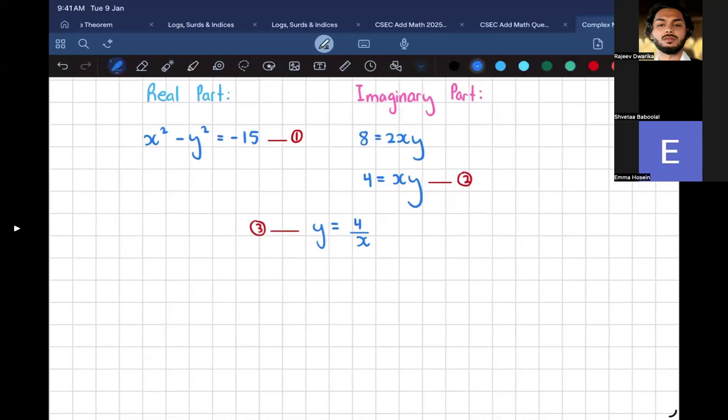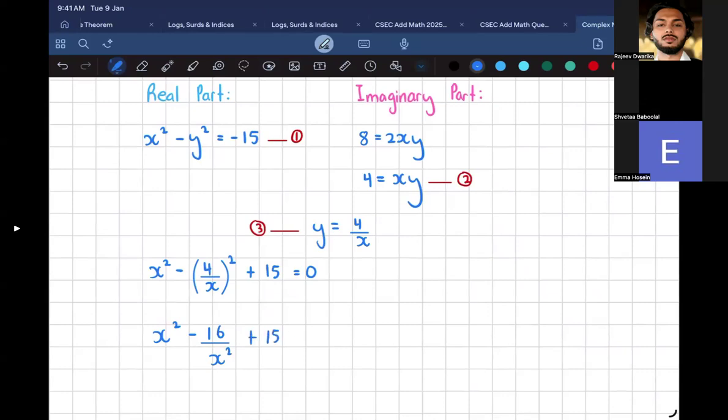So we're going to plug 3 into 1. That's going to be x squared minus 16 over x squared, and I'm going to move across our minus 15, so x squared minus 16 over x squared plus 15.